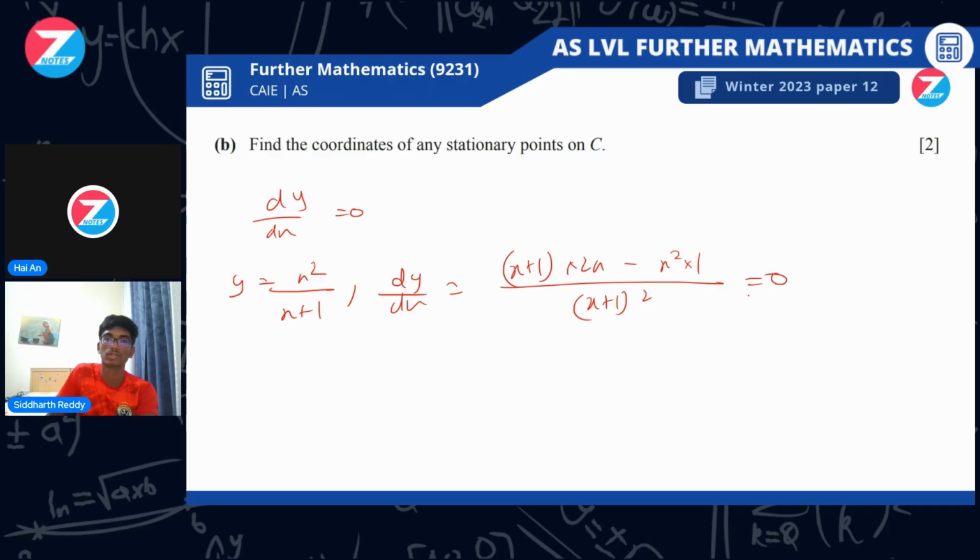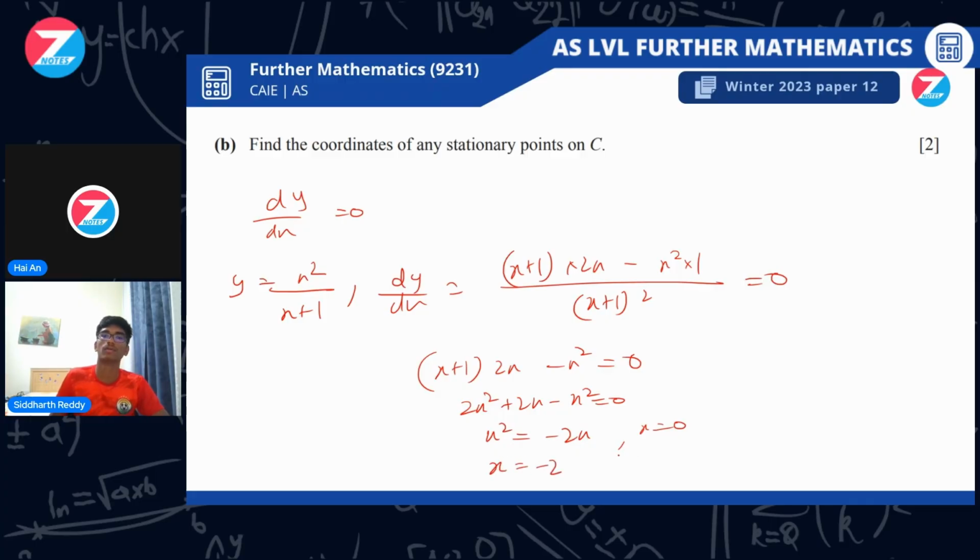And this is all equal to 0, right? So cross multiplying, we get x plus 1 into 2x minus x squared is equal to 0. So 2x squared plus 2x minus x squared is equal to 0. So x squared is equal to minus 2x, right? So now we can obviously tell x is equal to 0 is one solution. Dividing both sides by x, we get x is equal to minus 2. So that's another solution.